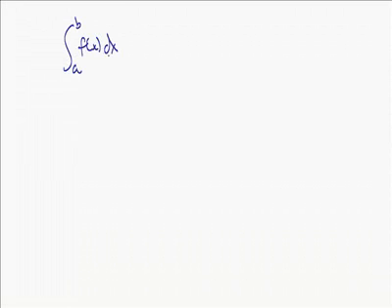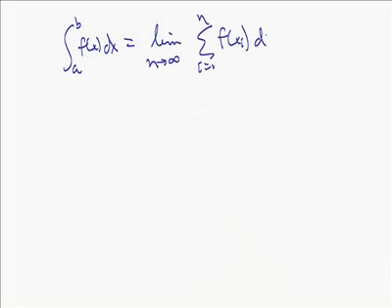The definite integral of f of x dx from a to b is going to be equal, exactly what we said, to the limit as n goes to infinity of the sum i goes from 1 to n. I'm just going to use right endpoints, f of x sub i times delta x. This is just taking the right endpoints of each of your subintervals.